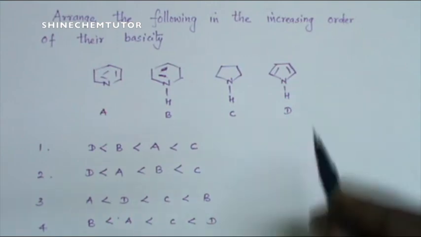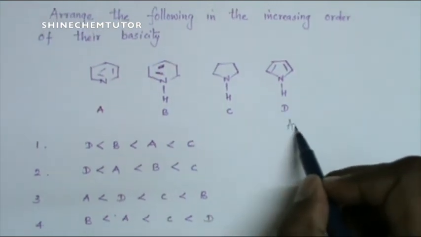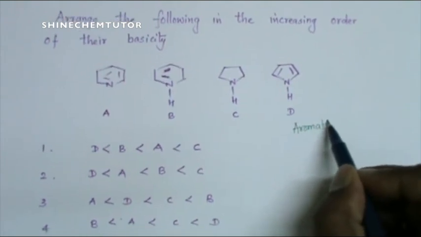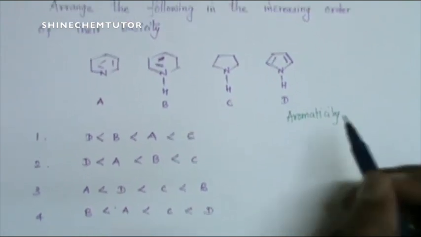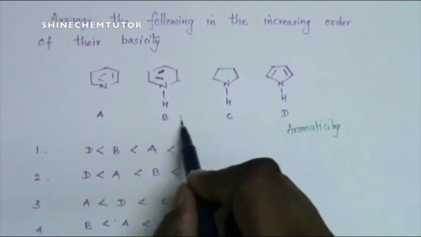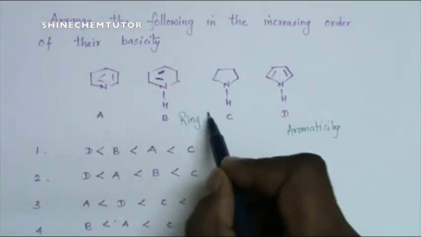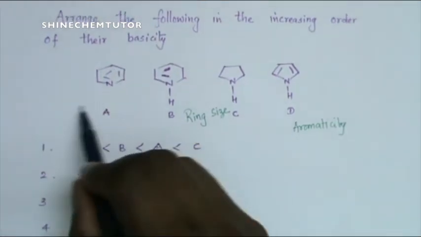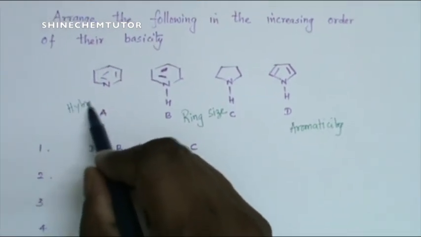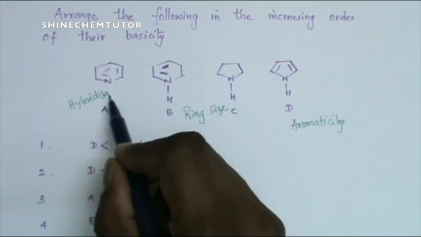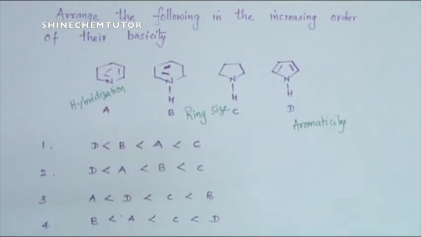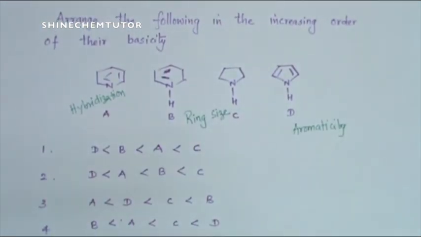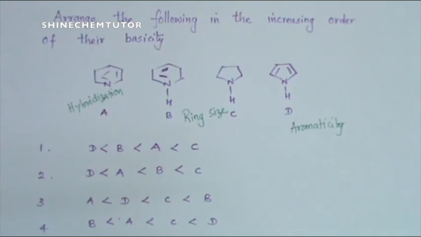Here you have to use the concept of aromaticity for pyrrole. Between these two, you have to use ring size. Here you have to use hybridization. Based on this, you have to arrange these compounds in the increasing order of their basicity.